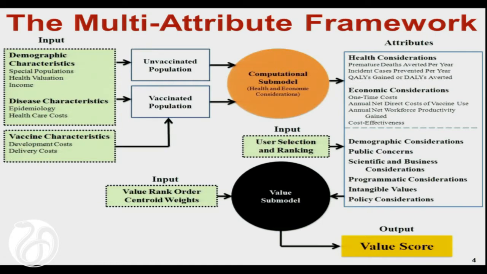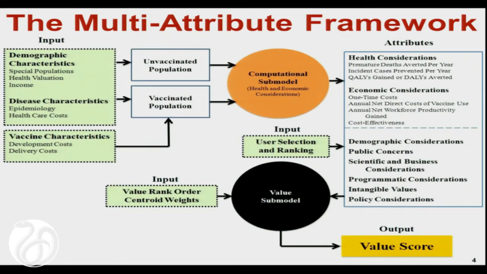The inputs on it are a lot of demographic data and disease characteristics. I'm going to show you screenshots of the model as it moves along. You'll get a little more sense of these. And characteristics of potential vaccines, these are all input into the model by the user. The demographic characteristics we think can be imported in general from outside sources pretty readily.